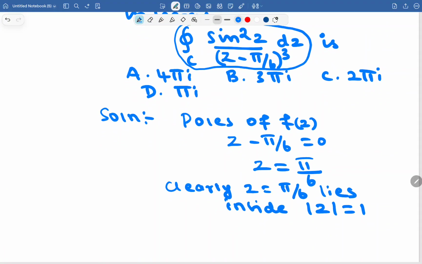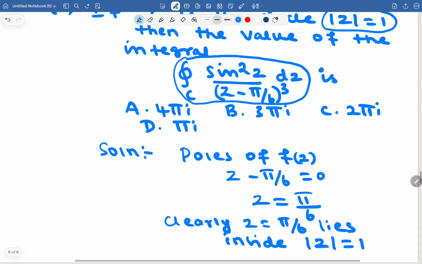By using Cauchy integral formula for higher derivative. Why I am using higher derivative? Because of power 3.